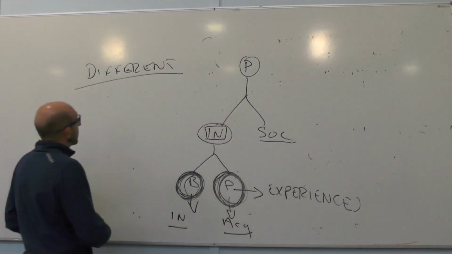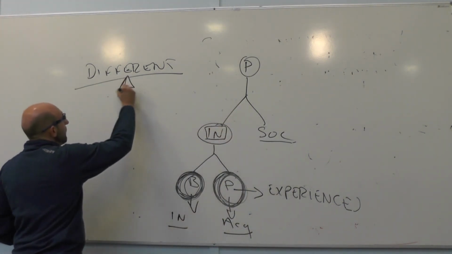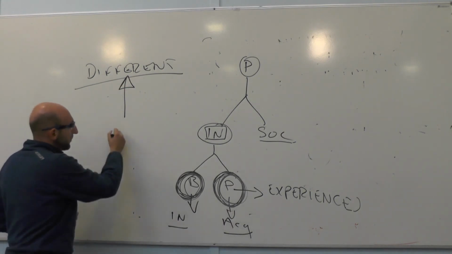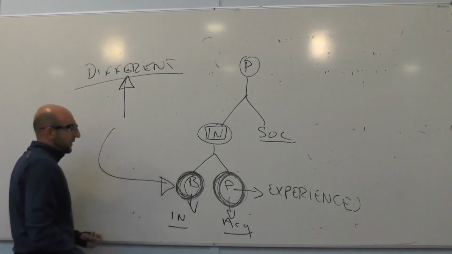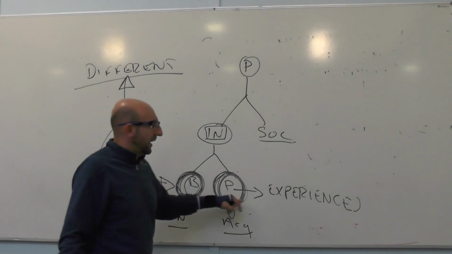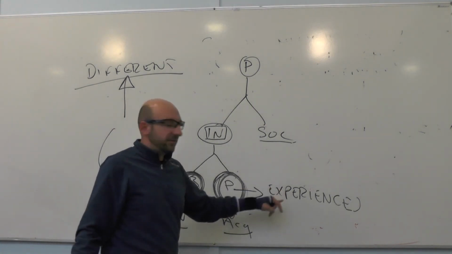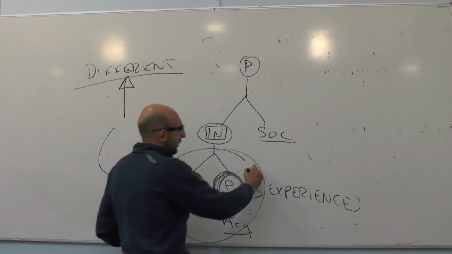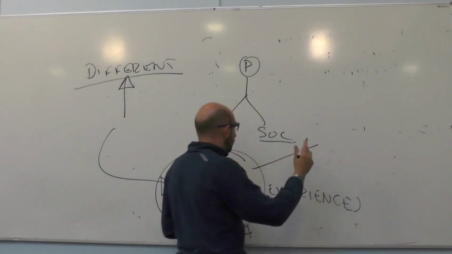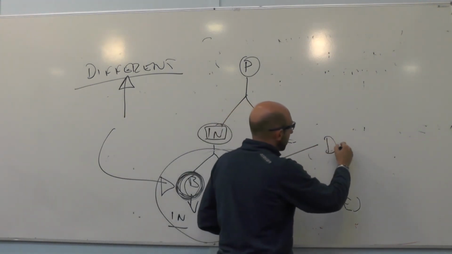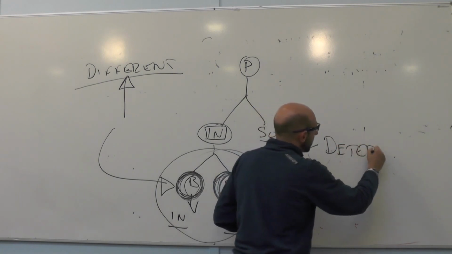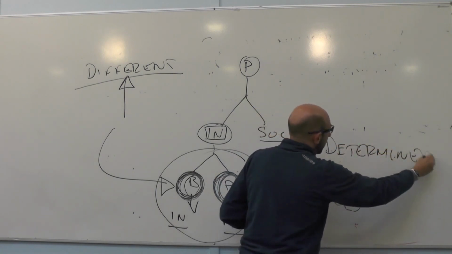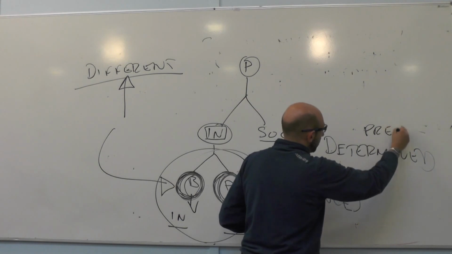They're saying that there's something different about criminals, and this difference is rooted in this. They're either biologically or psychologically different. And it's this that means that certain groups or certain individuals, their behaviour is determined or predetermined.